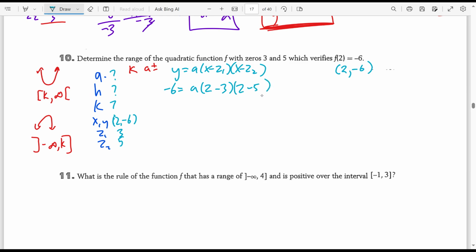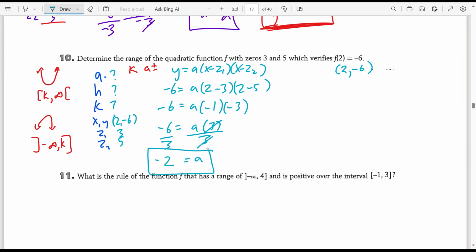I'm going to double check that I plugged that in right. Yeah. And then negative 6 is equal to a times positive 3... wait, negative 1 times negative 3, so negative 6 is equal to a times positive 3, divide by negative 2. So now that's one aspect that I had to find.